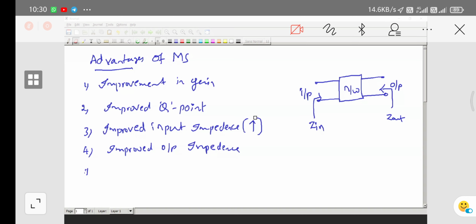We have these three types of coupling, but according to our syllabus, we are going to discuss only two: the direct coupled amplifier and the RC coupled amplifier.